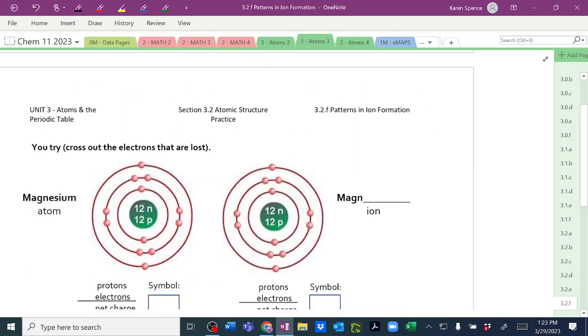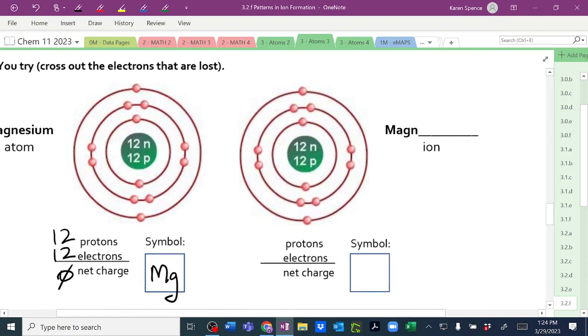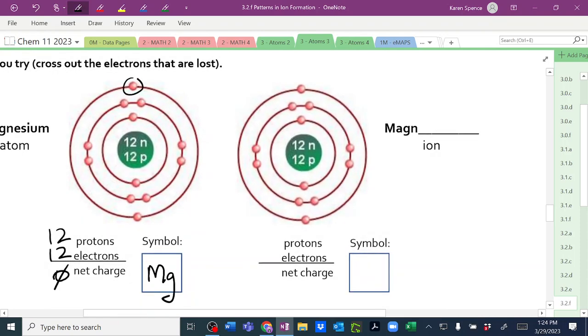All right, here we have magnesium. We have 12 protons in the atom, which means we also have 12 electrons. Net charge is 0. Symbol is Mg. Now, if I was doing this in pencil, I would say I've got these 2 electrons here, and they need to go away.